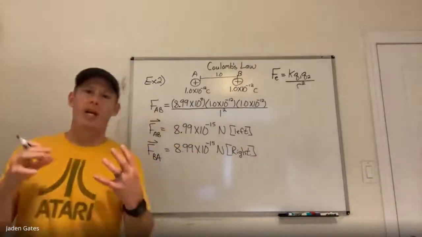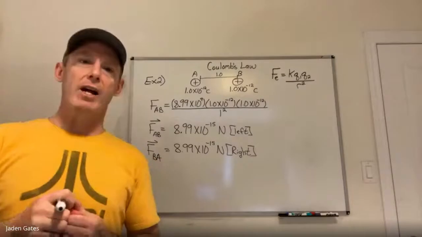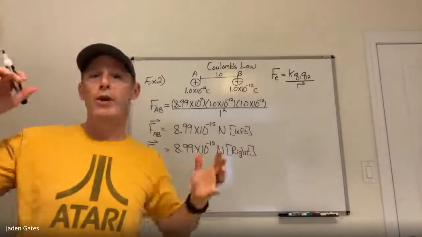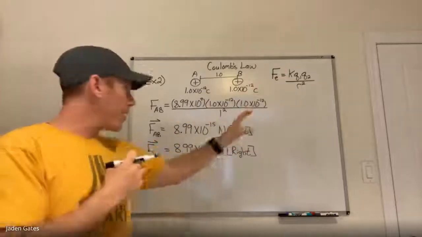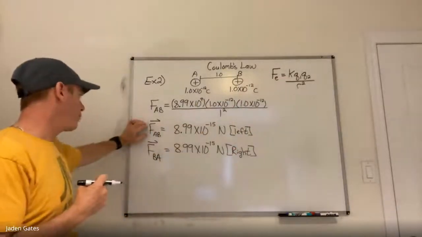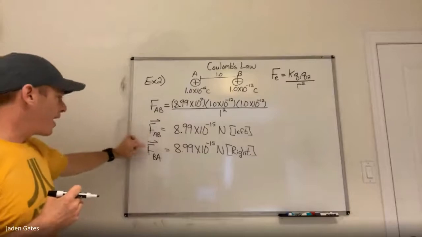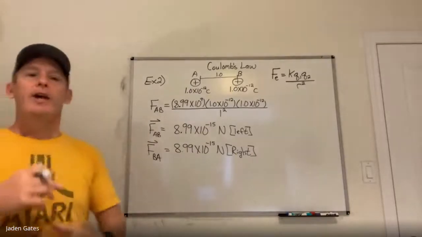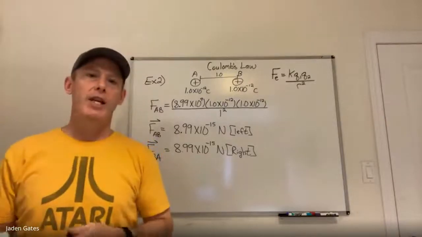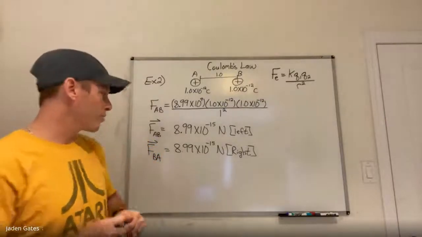So again, because of the directionality, or the fact that you can have both repulsion and attraction, it depends on perspective. In one of these I'm looking at the force on A by B, or I can flip my perspective and look at the force on B by A. That is, you have to take that into account when you're determining the direction.